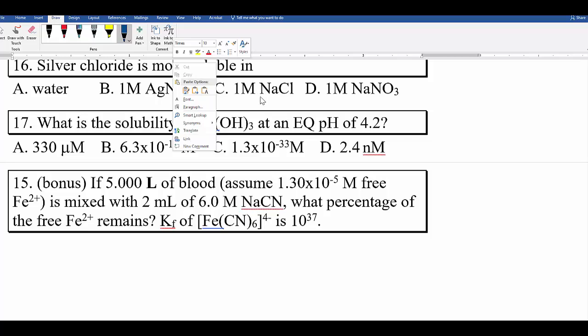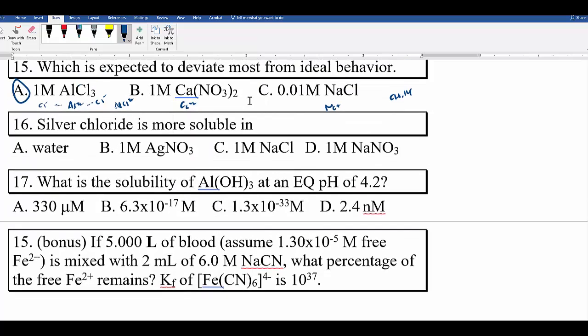Silver chloride is more soluble in... all right. This is common ion effect. This decreases solubility. And so it's water versus sodium nitrate. And actually, did I repeat this?